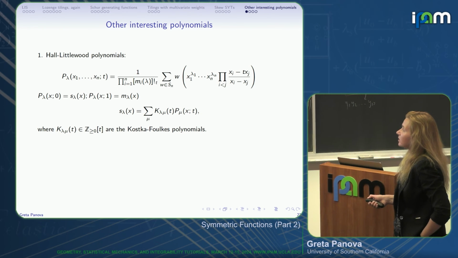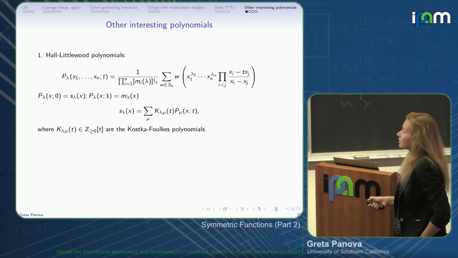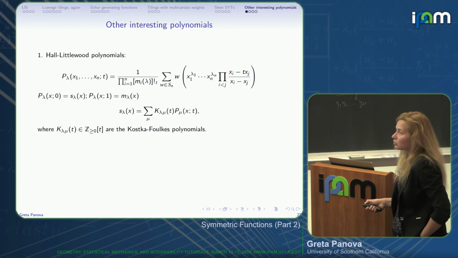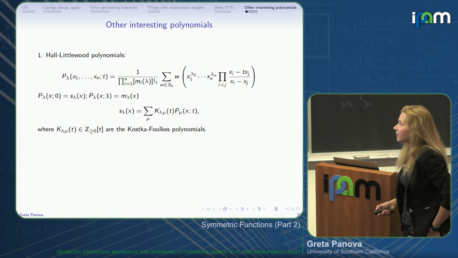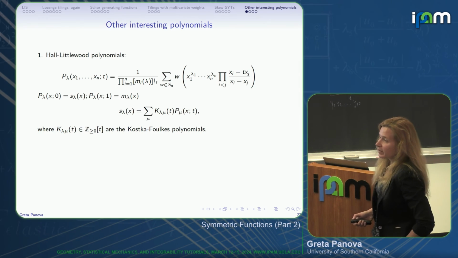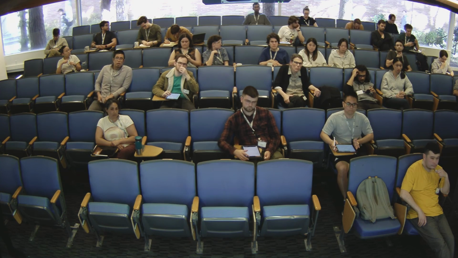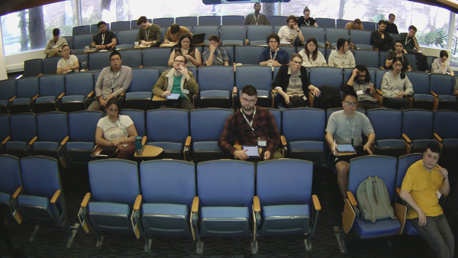The Schur functions expand nicely in terms of those guys. These are the Kostka-Foulkes polynomials. They have a combinatorial formula. They have non-negative integer coefficients. I'm sorry, S lambda of x doesn't depend on t, right? Yeah, so the t is going to cancel somehow in here.